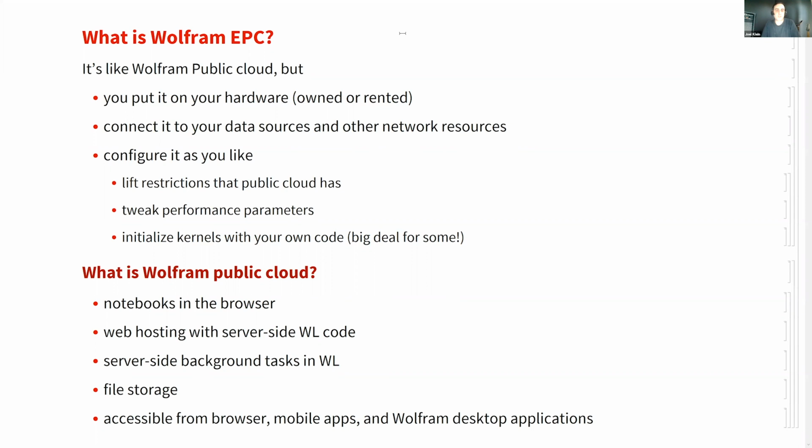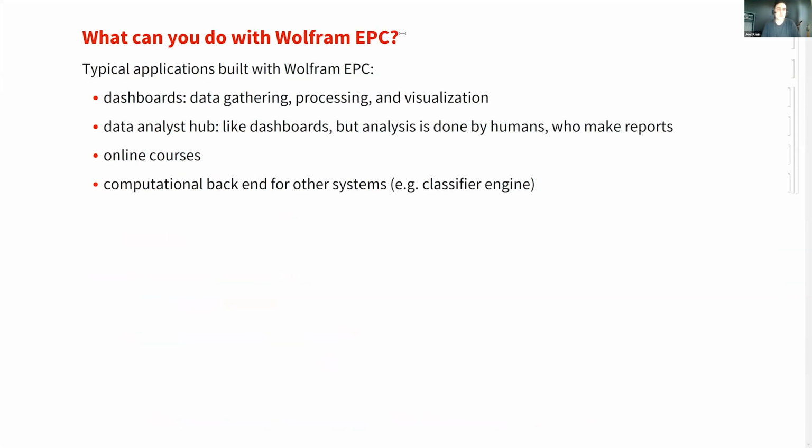It gives you features like the notebook in the browser, basic web hosting with HTTP requests that can be served with Wolfram Language code, and background tasks written in Wolfram Language. It also gives you basic file storage, and you can access it from mobile apps, from the browser, and from Mathematica and Wolfram Desktop.